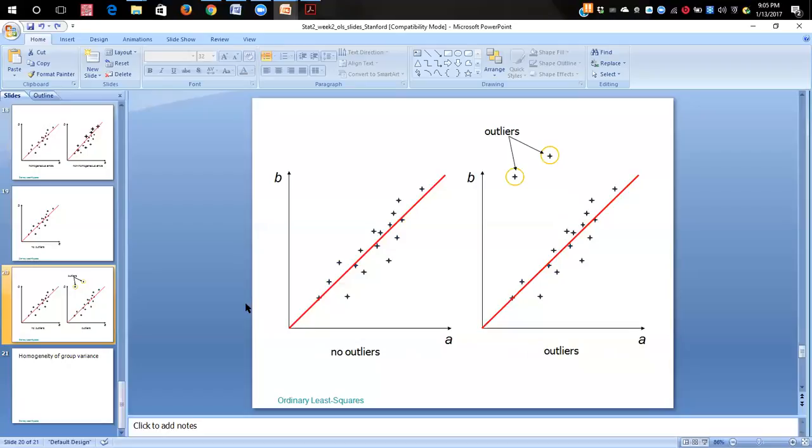It's best represented by these two, when there are no outliers and when there are outliers. So it's important to examine your data before you do your linear regression analysis, because you need to make sure that the assumption, represented by the left graph, the homoscedasticity of the variance of the groups, is met.